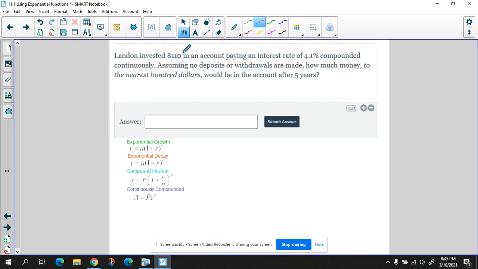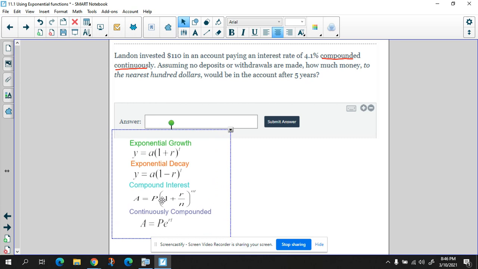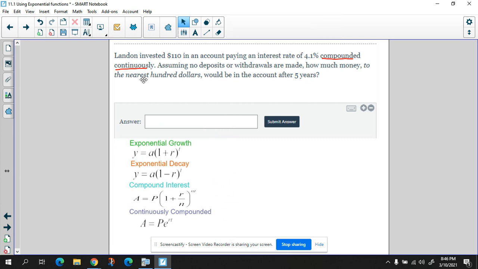If we invest $110 in an account paying an interest rate of 4.1%, compounded continuously, figure out how much money to the nearest $100 would be in the account after 5 years. So when you look at your 4 choices for formulas, there is a specific formula for compounded continuously.